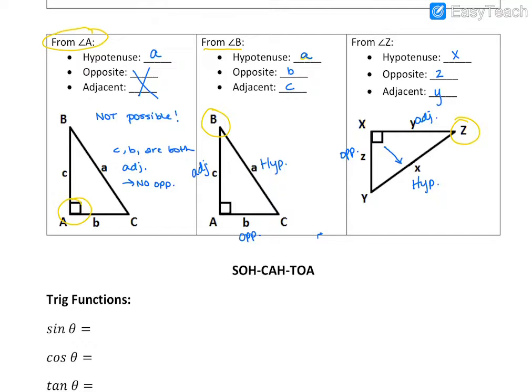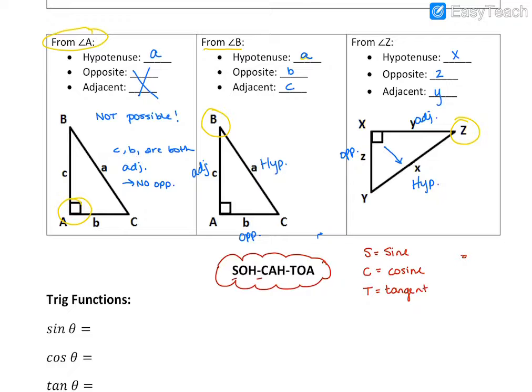Once we can label these, we can then use SOHCAHTOA. This is going to be a phrase that you are going to use quite a bit for the next couple of weeks, SOHCAHTOA. In this SOHCAHTOA, S stands for sine, C stands for cosine, and T stands for tangent.